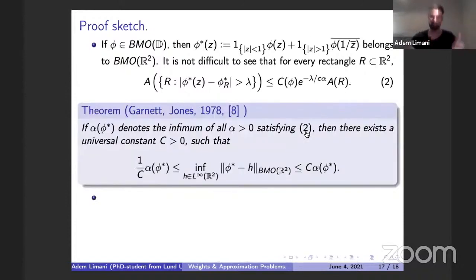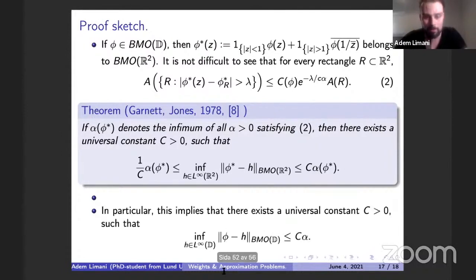The point of doing this is to use this Garnett-Jones type distance formula, which works for any dimension D. It was stated in R^D, but we will use it for R2 here. And then from that, we get the result. So this is basically the sketch, where one puts oneself in the framework so that we can apply this deep theorem from the Annals paper by Garnett and Jones.